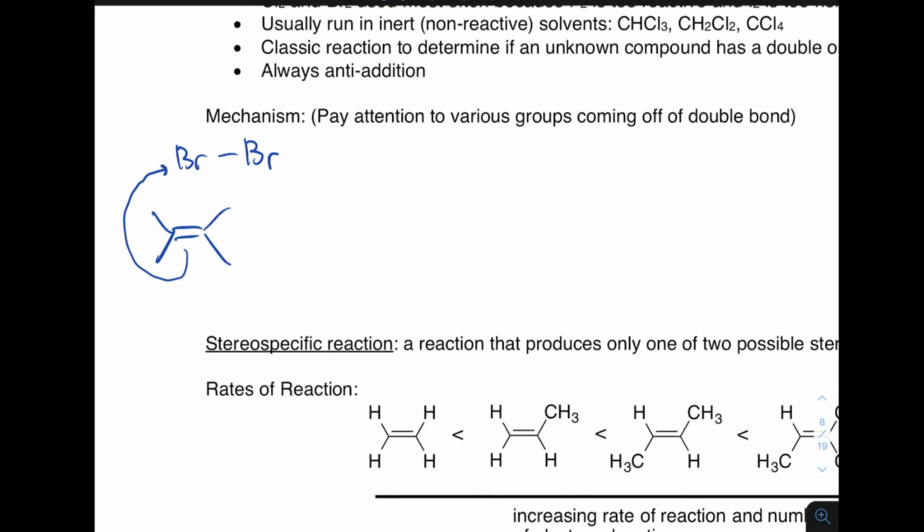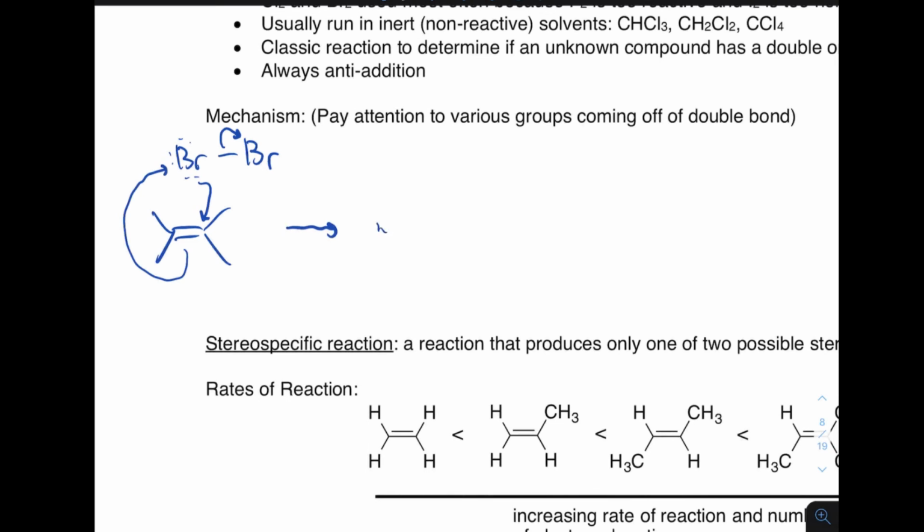And what happens after this is the other bromine leaves. And at the same time, because the alkene attacks the bromine, one of these carbons is going to end up being positively charged. So we'll say the bromine also attacks the other carbon at the same time.